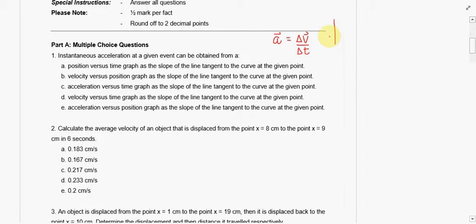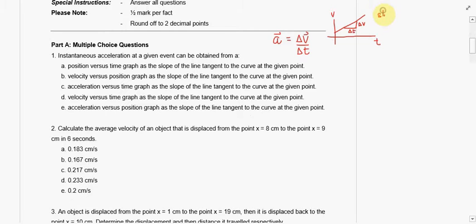Remember in class when we went through a velocity versus time graph, that may have looked something like this, and we took the slope of a velocity versus time graph. This would be the change in v, and this would be the change in t.